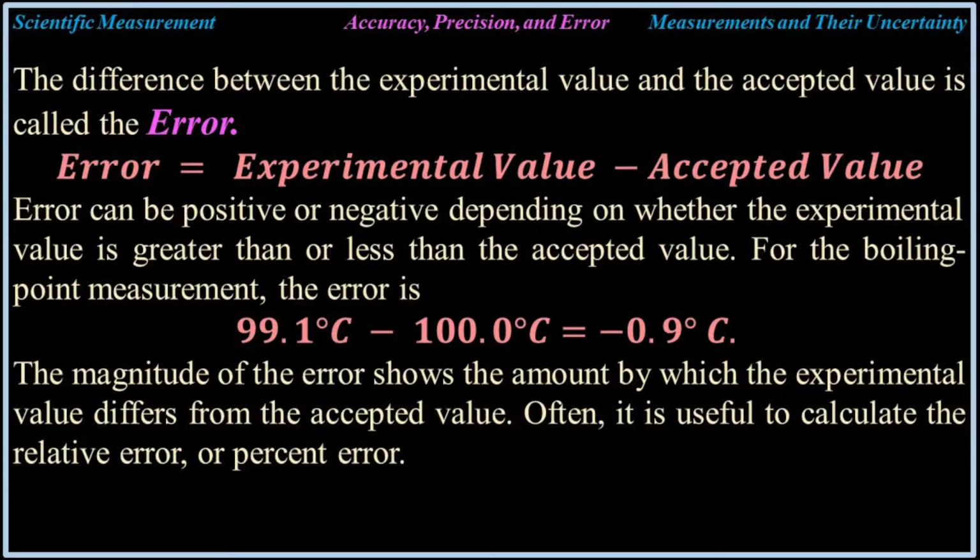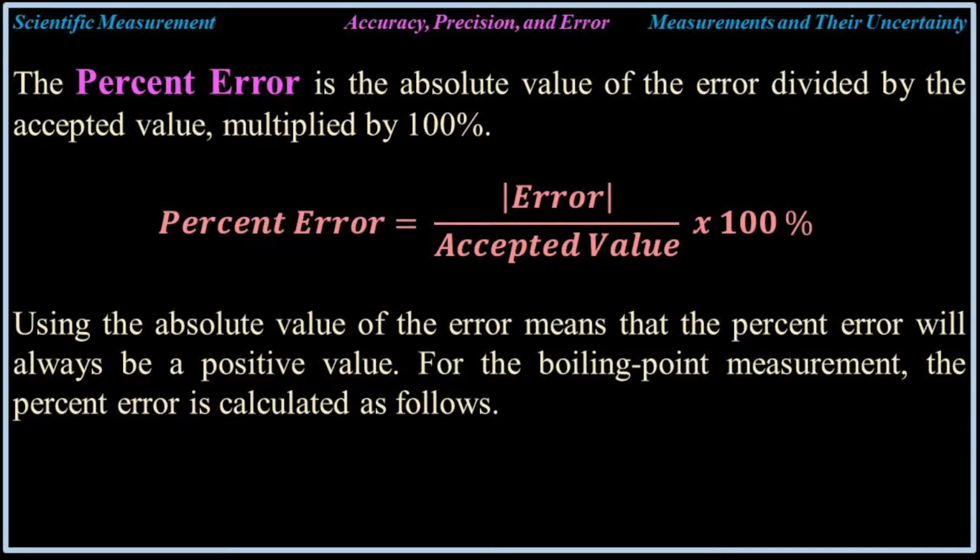It's called an absolute value, so it's going to be 0.9 degrees Celsius. The percent error is the absolute value of the error divided by the accepted value, multiplied by 100%. Using the absolute value of the error means that the percent error will always be a positive value. That's not completely true, but all right, fair enough.